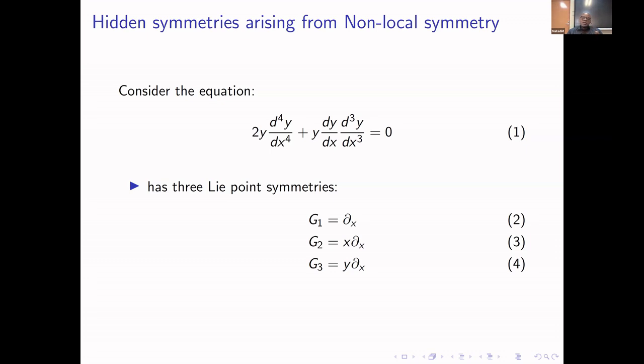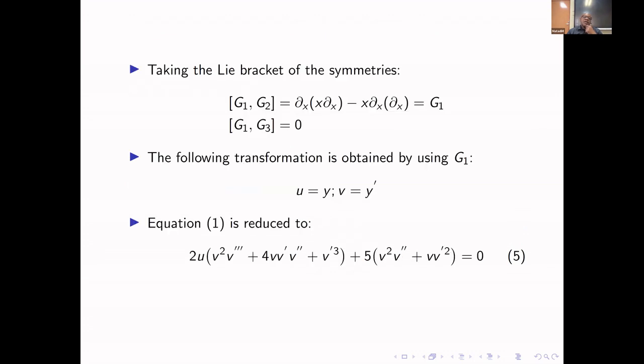Now we've got those 3 symmetries, and we would like to find out which one can be used to help us find the transformations to reduce the order of equation 1. Then we conduct the Lie bracket, and by the Lie bracket, we found that G1 can be used. So we use G1, the phase symmetry, to reduce.